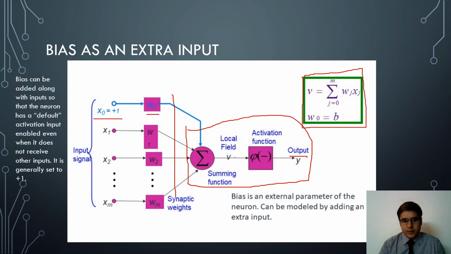Local field v is equal to the summation from j equals 0 to m of wj xj, that is, the summation of weights times inputs, wj into xj, from j equals 0 to j equals m. So it is the local field, and w naught is the bias that we can set.